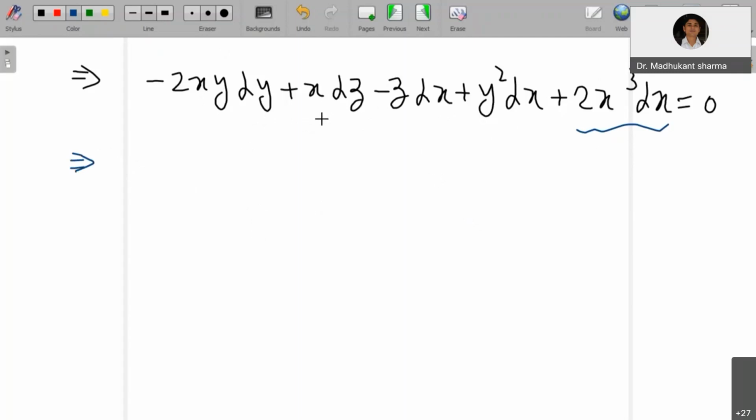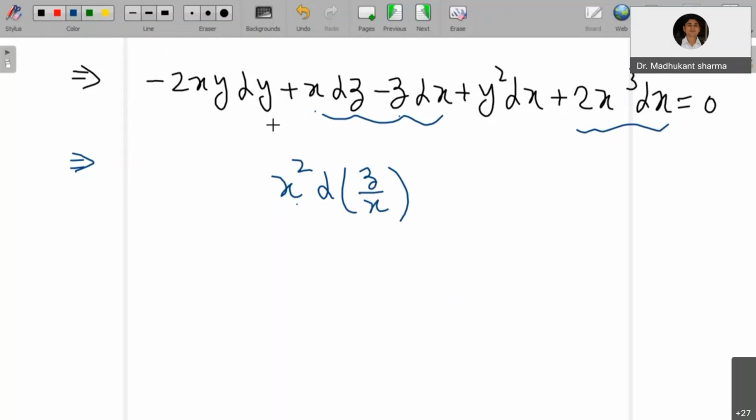Now let's concentrate on this x dz minus z dx. See, it is going to be d of z by x times x square, x dz minus z dx. So this term is nothing but x square times the total derivative d of z by x.